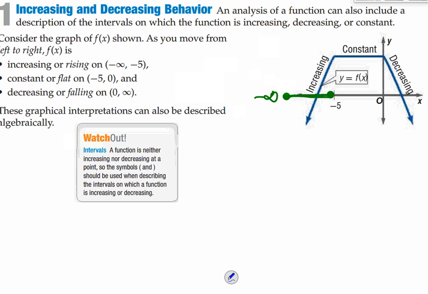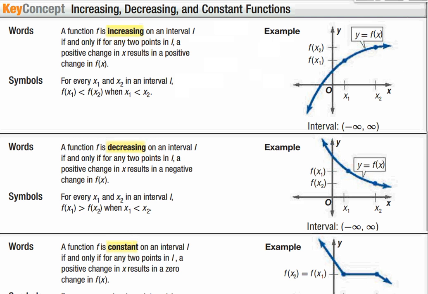Then from -5 to 0, it's constant along there. We don't care what value it is, just that it's horizontal. So from -5 to 0, constant or flat. And from 0 to infinity, it appears as though it's going down as we look at that.